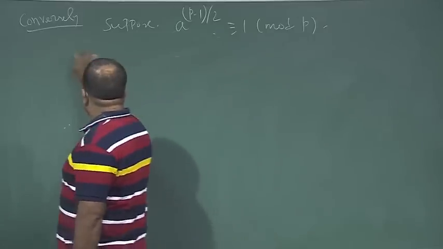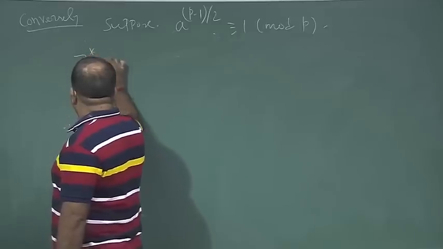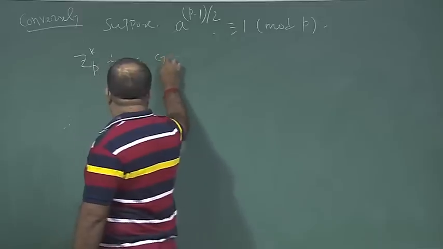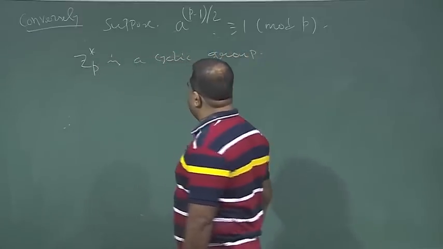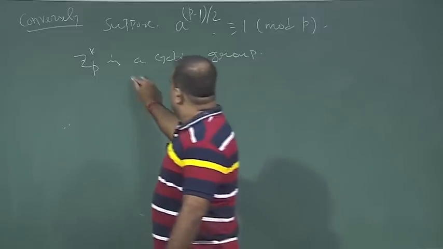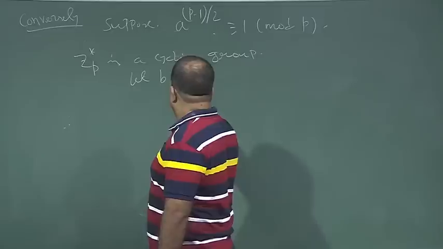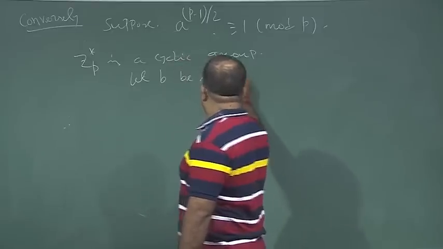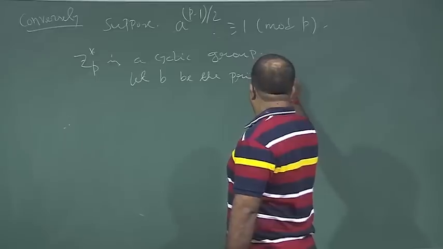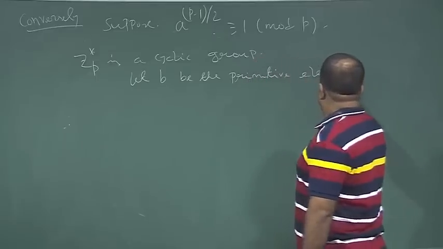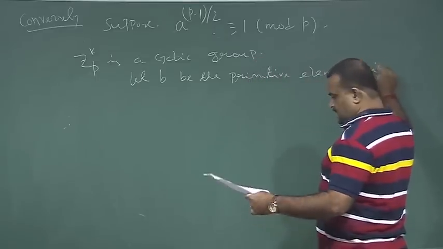Now, ZP, P is a prime. So, ZP star is a cyclic group. So, it has a generator or primitive element, let B be the generator or the primitive element in ZP star.